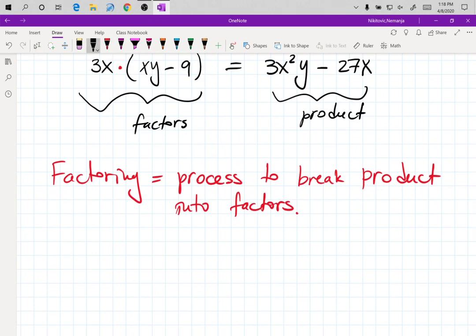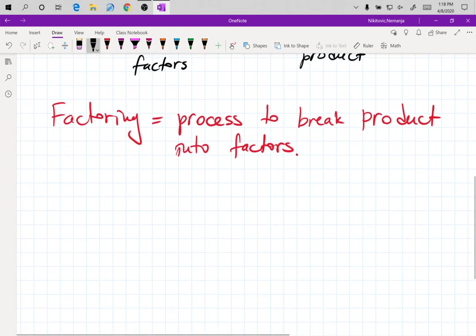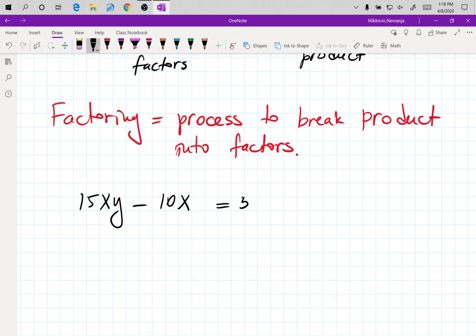I'm just going to give an example, then we're going to learn how to do it, right? So let me give you an example of 15xy minus 10x, and you are supposed to get 5x times 3y minus 2.